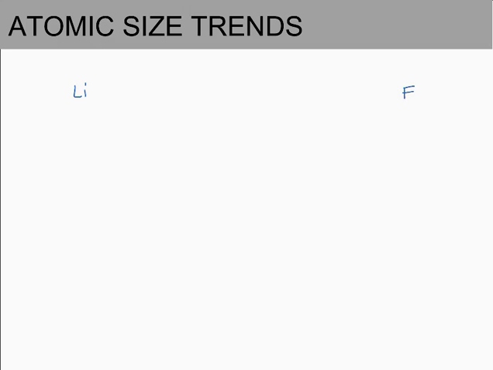So lithium has 3 protons and 3 electrons. Fluorine has 9 protons and 9 electrons. And remember, these numbers come from the atomic number of the element. So lithium's atomic number is 3, and fluorine's atomic number is 9.